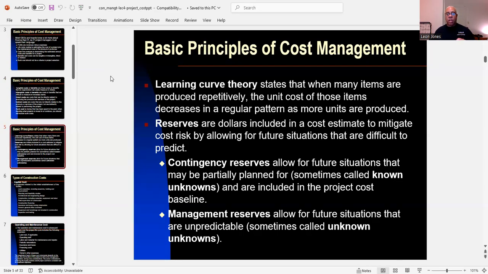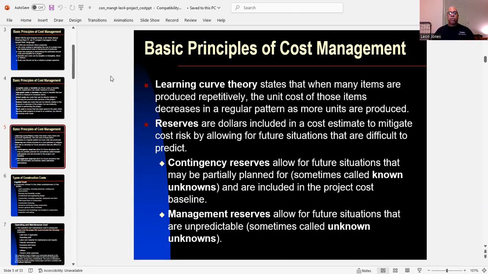And reserves are dollars included in a cost estimate to mitigate cost risk by allowing for future situations that are difficult to predict. Under reserves, there are contingency reserves, which allow for future situations that may be partially planned for, sometimes called known unknowns, and are included in the project cost baseline.